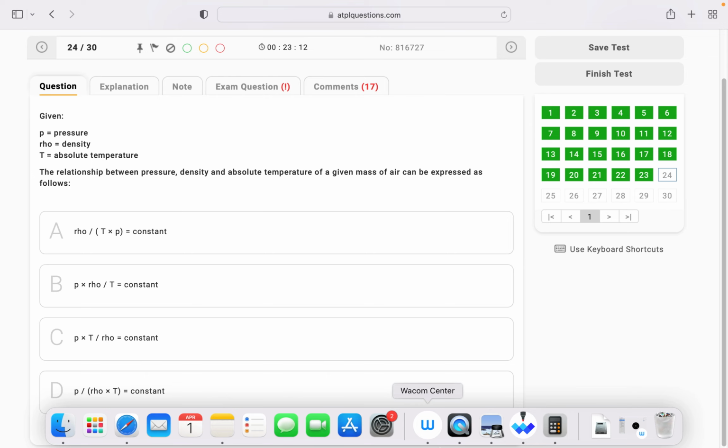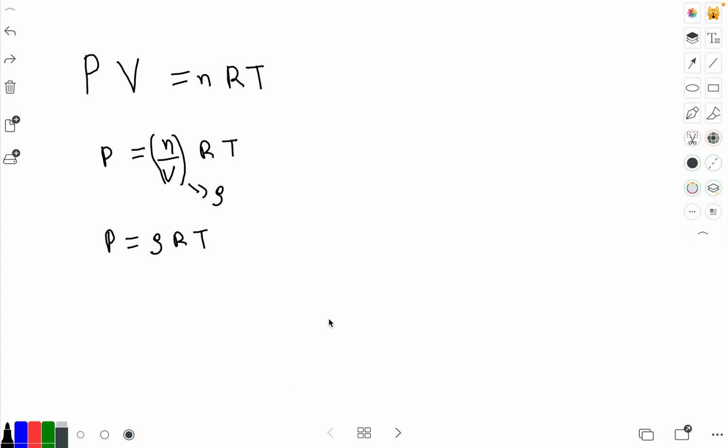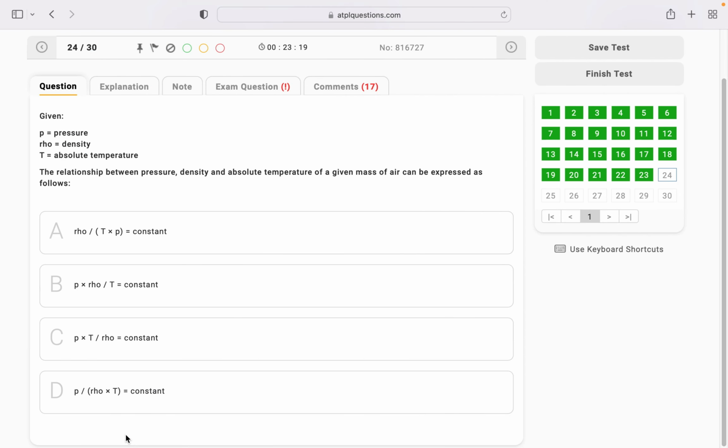Because if we bring this down, pressure divided by rho and T. Okay. So if you are not sure, always take your time. This is the correct. Don't get confused. Okay, pressure with a small p, but it's okay.